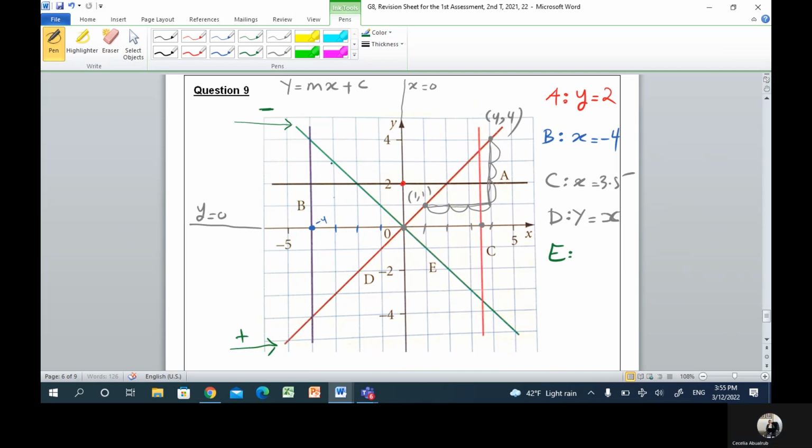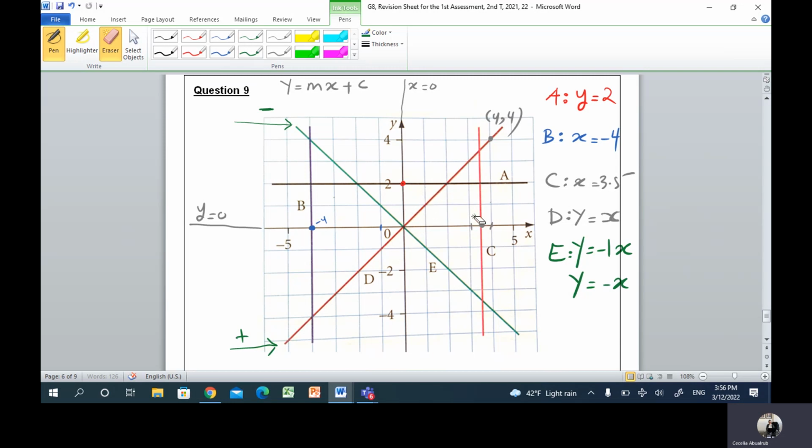So I will take 2 points on the line that have a clear intersection with the grid of the coordinate plane, and this point here as well. We draw the right angle triangle and count 1, 2, 1, 2. So it will be y is equal to negative 1x, and we can write it as y is equal to negative x. So let me just erase here so that we don't get ourselves confused.